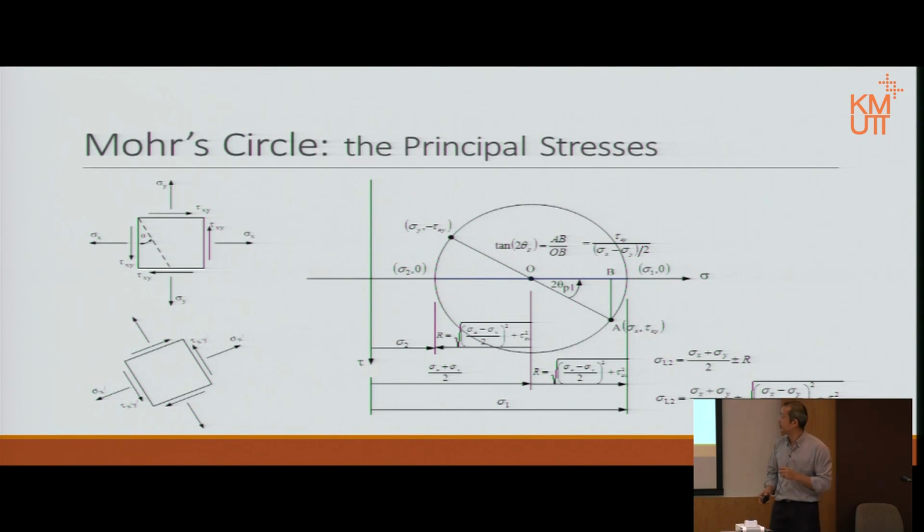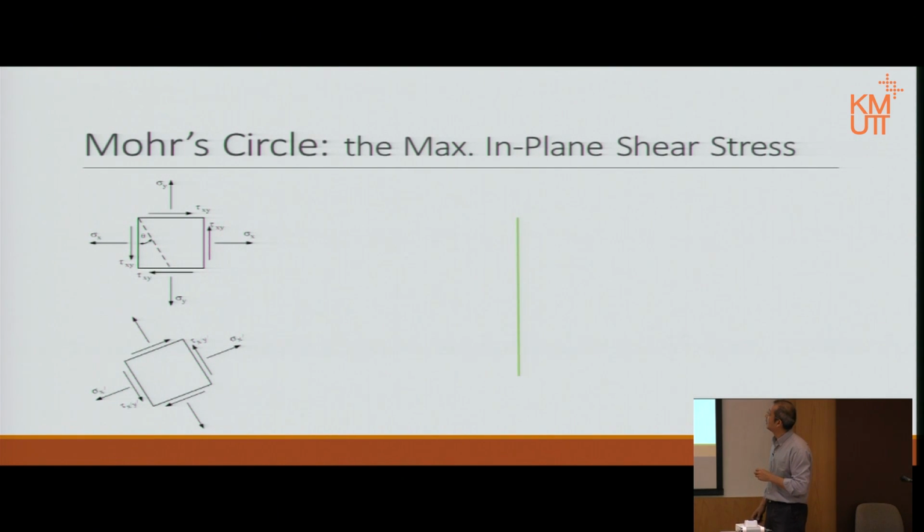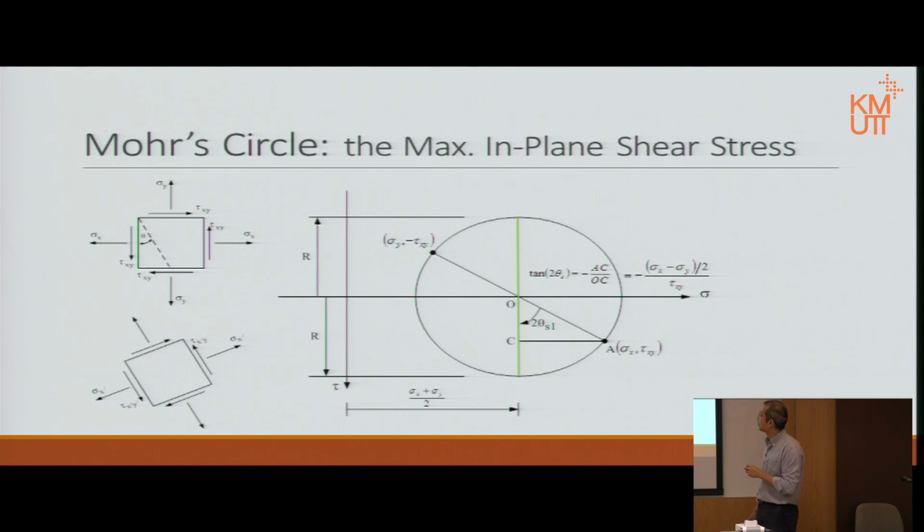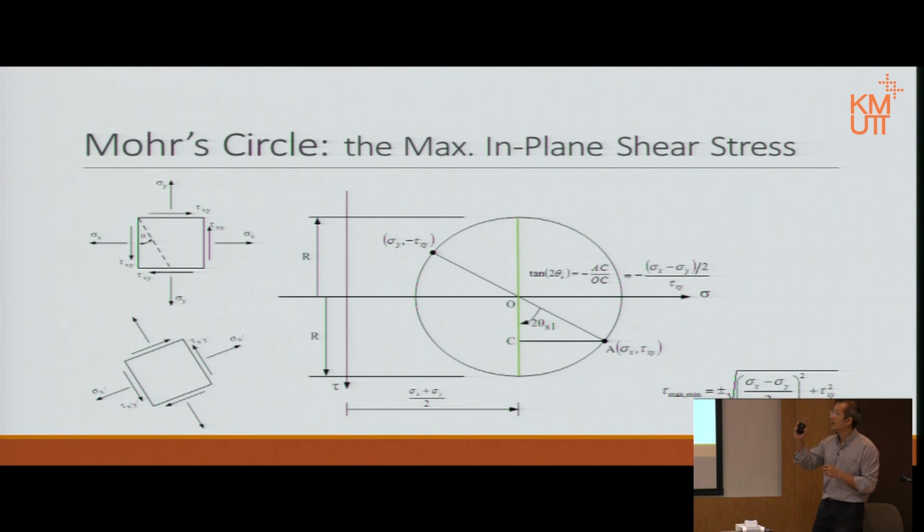And of course, if we look at the maximum in-plane shear stress, the same thing still happens here. The tan 2 theta s is worked out again and proved to be the same as proved by equation. And of course, that height is the radius, and therefore tau max, tau min is in that form, same as proven by equation.